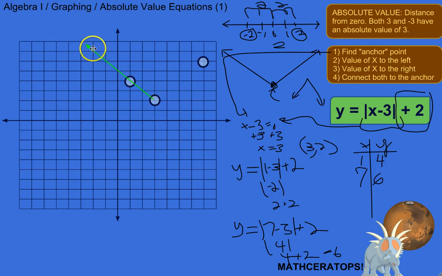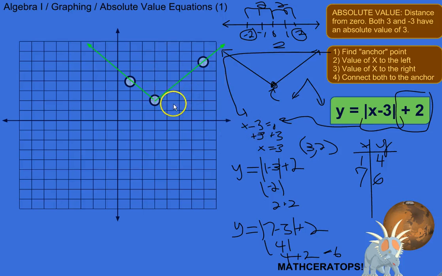And then I take my anchor point and I connect it to the point to the right. Let's make that green. Just want to line it up with the middle of that point there. Okay, so that's all there is to it.